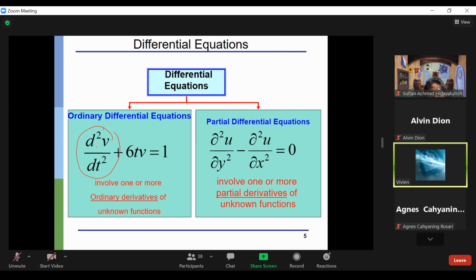So it's not necessarily the first derivative, it can also be the second derivative. For PDE, it means that we have the partial derivative in the calculation. I think you have seen this before in fluid mechanics. All of this is partial differential equations.